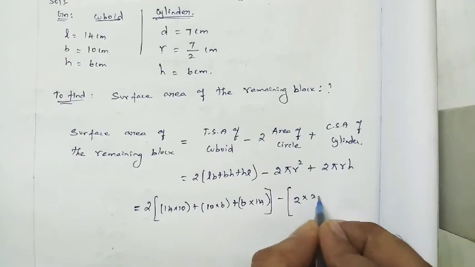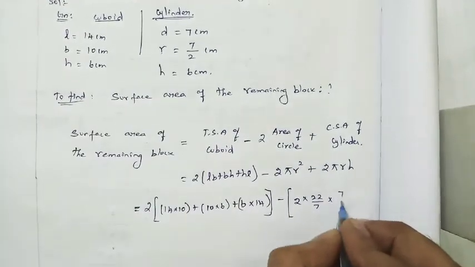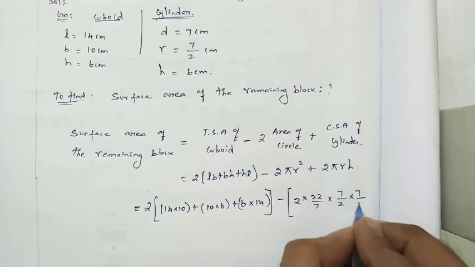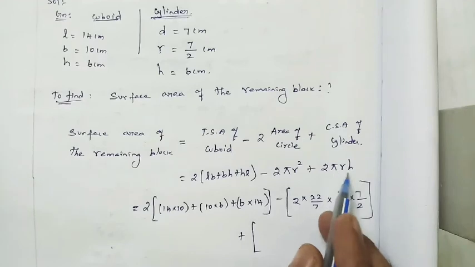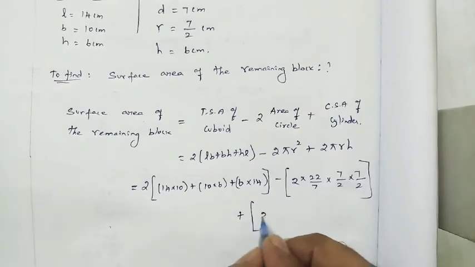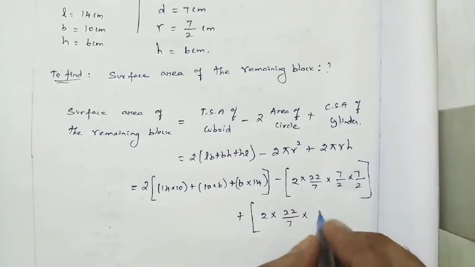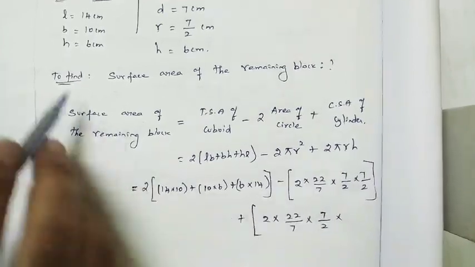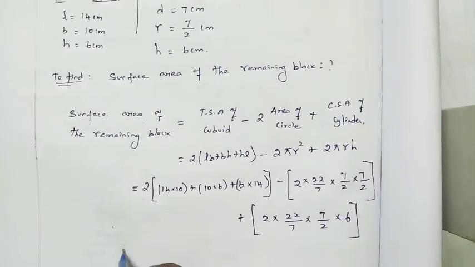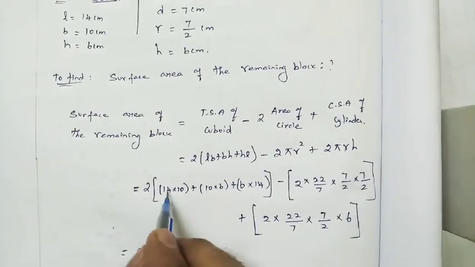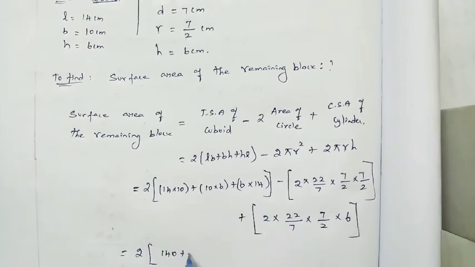Pi is 22 by 7, r is 7 by 2, r squared is 7 by 2 into 7 by 2. Close the bracket, plus 2 pi r h: 2 into 22 by 7 into radius 7 by 2 into height 6 centimeters.